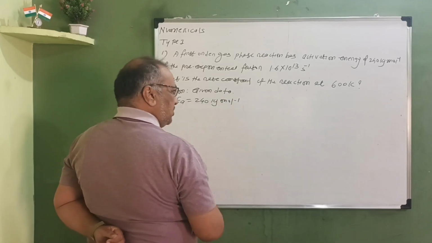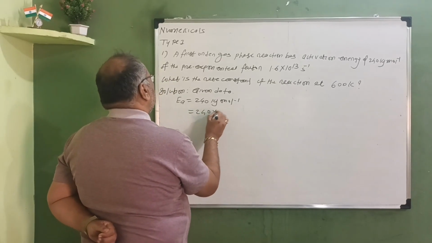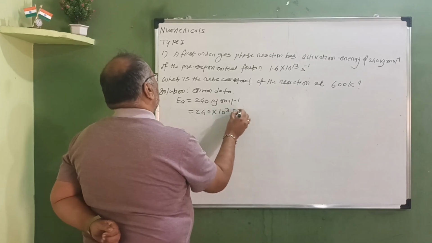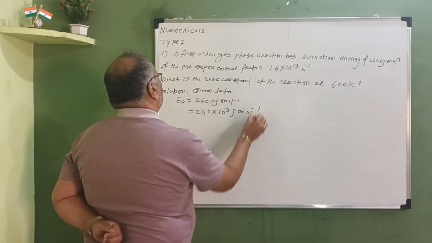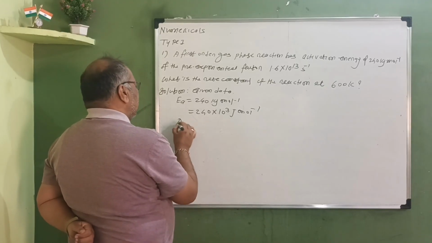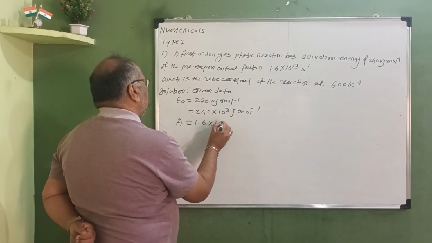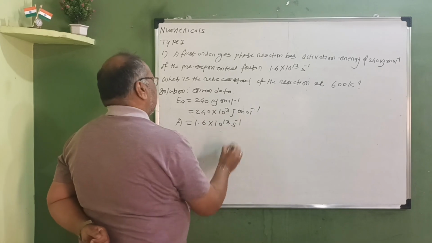Convert this from kilojoule into joule, that is 240 into 10 to the power 3 joule per mole. Second, pre-exponential factor A is given, 1.6 into 10 to the power 13 second inverse.